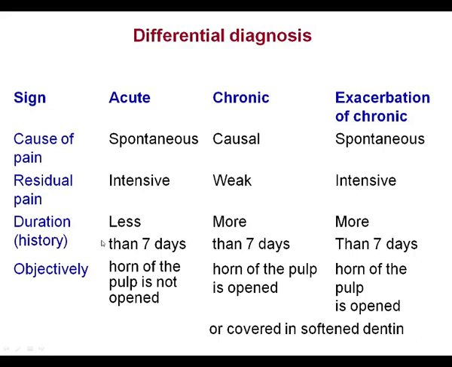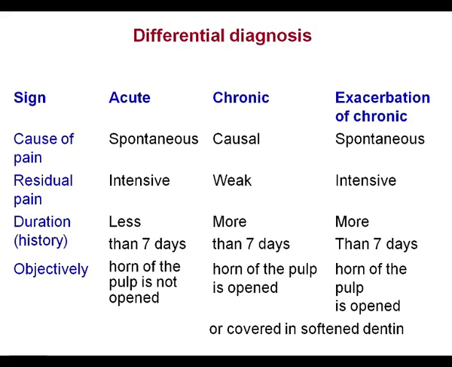Duration. In acute, it's less than 7 days. And for local pulpitis, it's till 48 hours, till 2 days. For chronic, it's more than 7 days, and for exacerbation, it's more also.